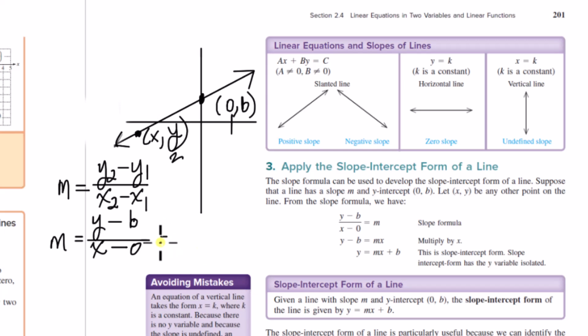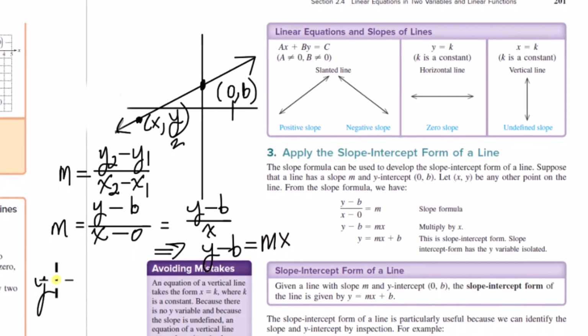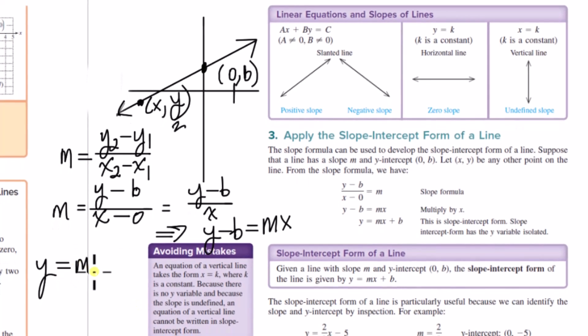Okay, so we've got y minus b over x. Now if we multiply both sides by x, we get y minus b is equal to mx. And if we add b to both sides, we get y is equal to mx plus b. And there we go.